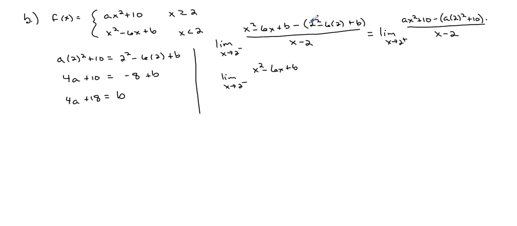So that's, what, 4 minus 12. That's negative 8, right? So minus negative 8, and then minus b, all over x minus 2.